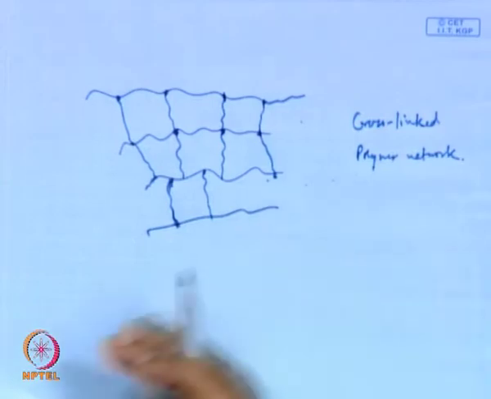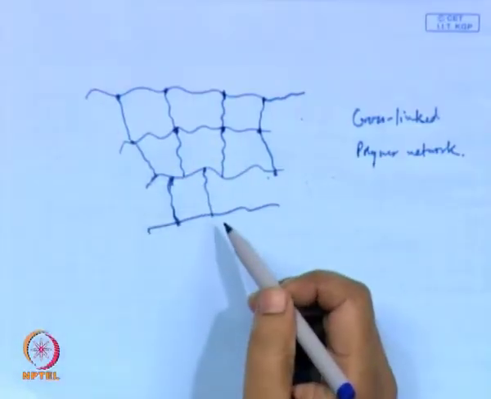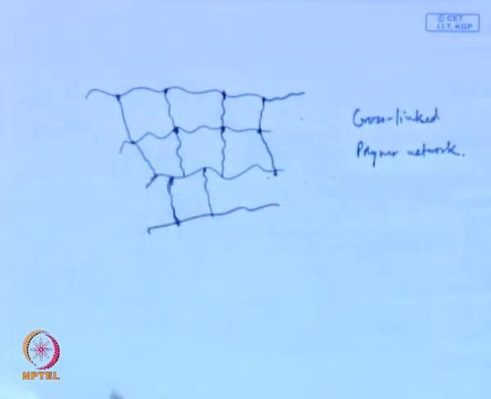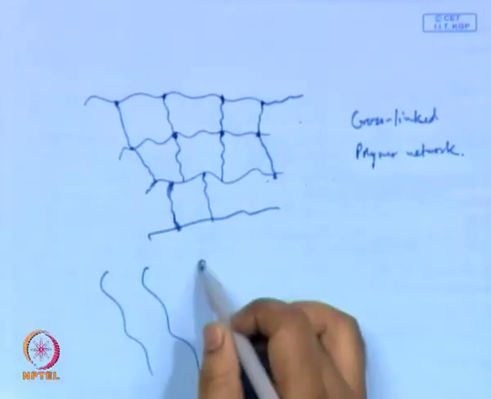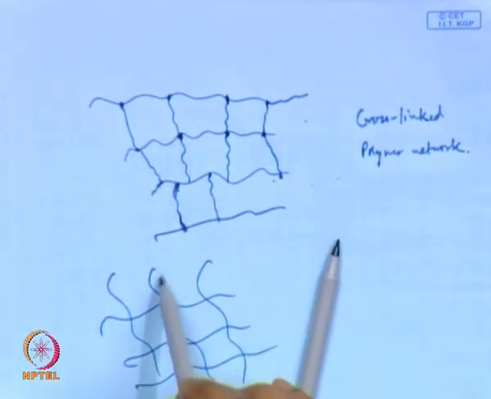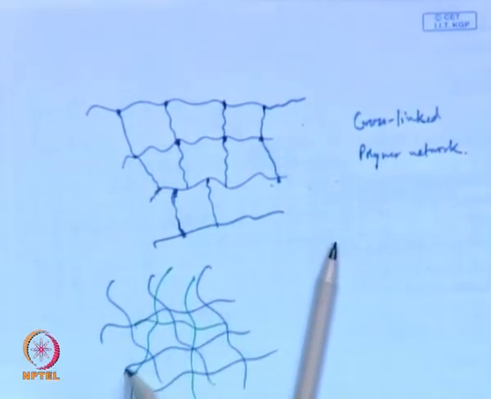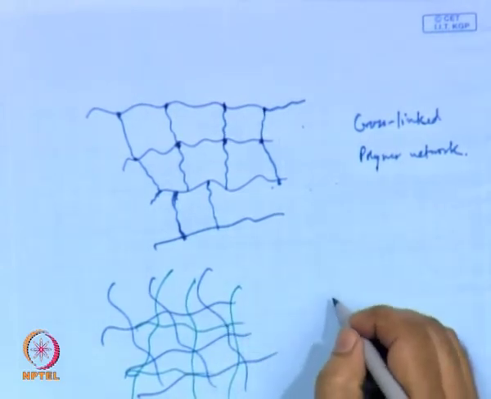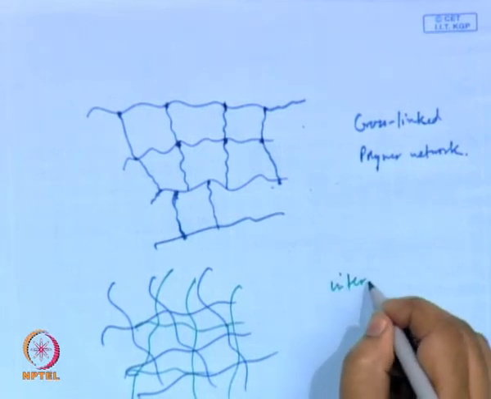Now, you can have a mixture of such networks in the same sample. If you have a mixture of two networks, then these networks will penetrate each other, and we call this an interpenetrating network. If I just show in different colors, you can have two networks intertwined with each other.